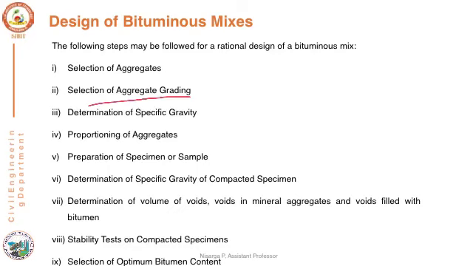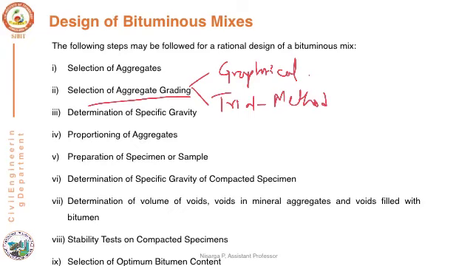Aggregate blending can be done using various methods, which include the graphical method, or we can make use of the trial and error method. Some of the graphical methods include the rectangular chart method, triangular chart method and Rothfuchs method of aggregate gradation.